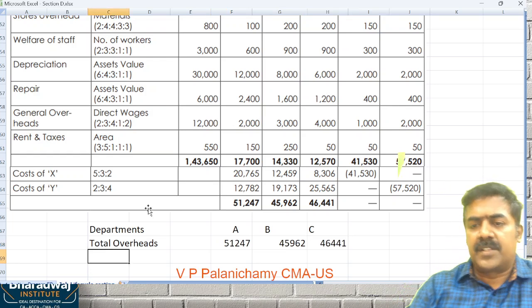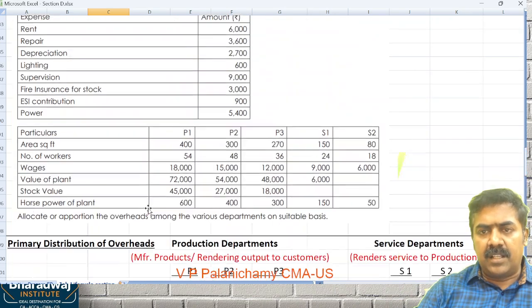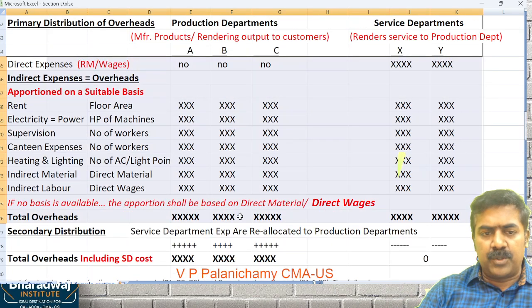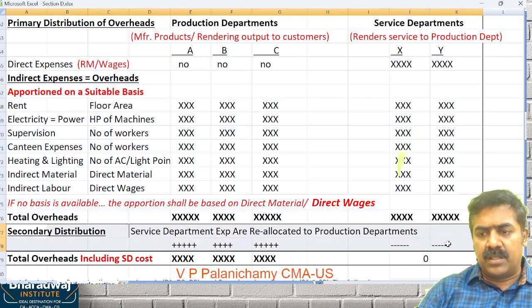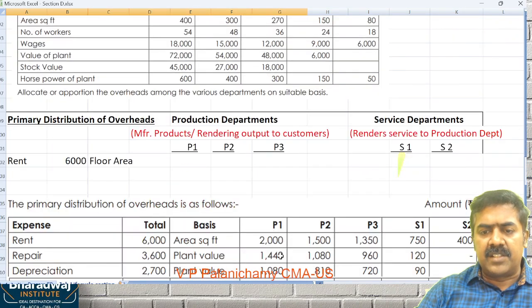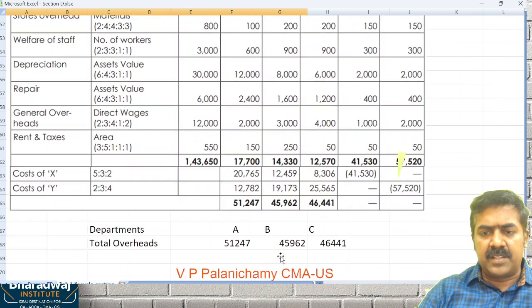This is the total overheads. This is what I was discussing at the beginning, how to allocate the expenses. First do the primary distribution. Secondary distribution: service department expenses are reallocated to production department, where total overheads including service department cost we get. That is what we had seen here.